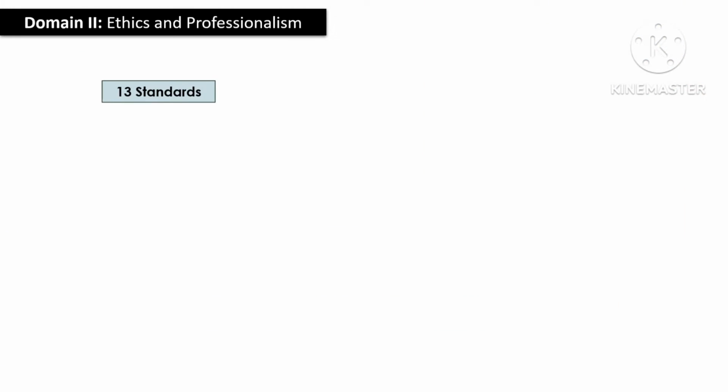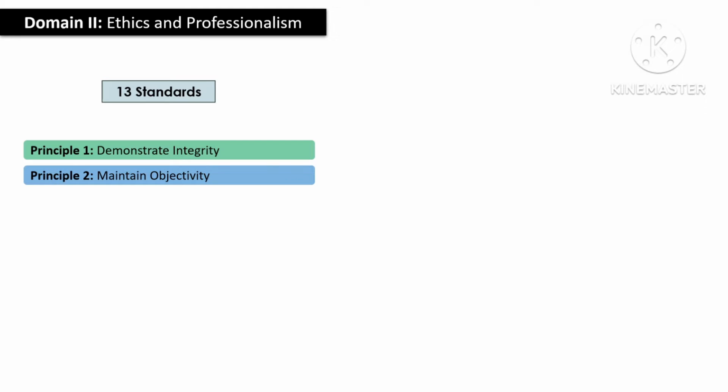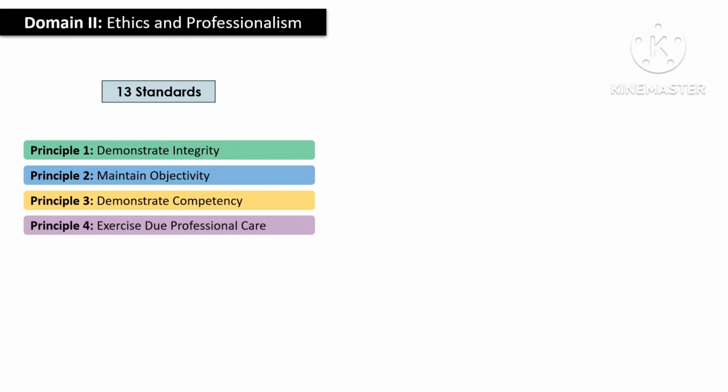So the second domain is about ethics and professionalism, and it has 13 standards. Let's have an understanding of this section. The first principle linked with the ethics and professionalism domain is demonstrate integrity, then maintain objectivity, demonstrate competency, exercise due professional care, and maintain confidentiality.